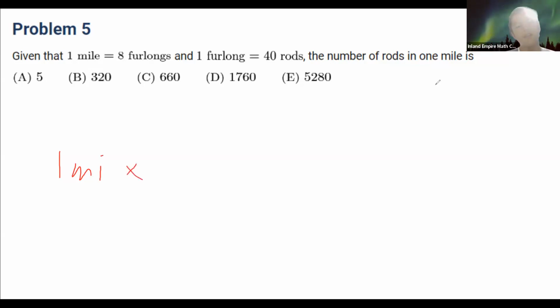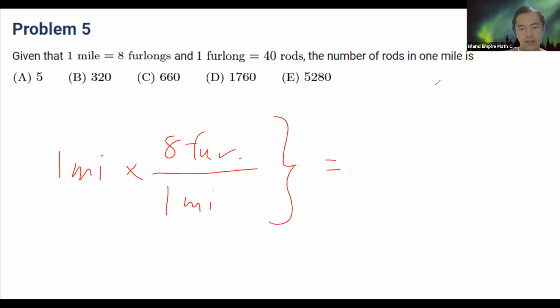Now, you know that 1 mile is equal to 8 furlongs, meaning that if you multiply by 8 furlongs, I'm just going to write fur for furlong, divided by 1 mile, that's equivalent to multiplying by 1, right? This fraction here is really equal to 1 because 1 mile is equal to 8 furlongs. So 1 mile divided by 8 furlongs is 1, and 8 furlongs divided by 1 mile is also 1. So by multiplying by this fraction, you multiply by 1.